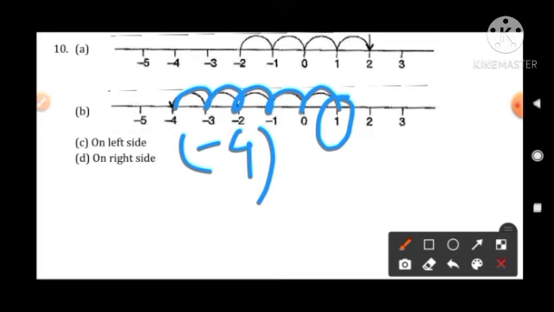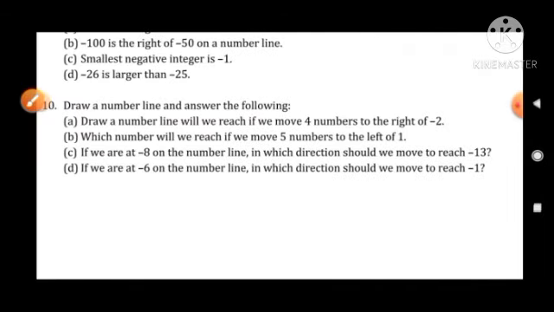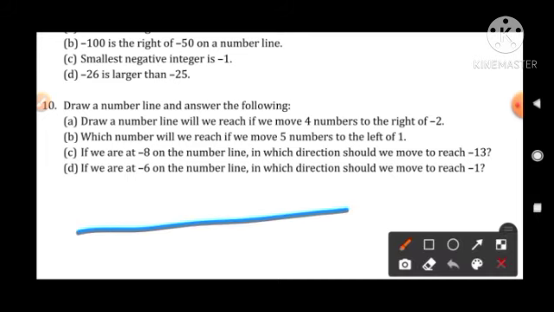Now come to question number C. If we are at -8 on the number line, in which direction should we move to reach -13? We are at -8, isn't it? And in which direction should we move, left or right, to reach -13?